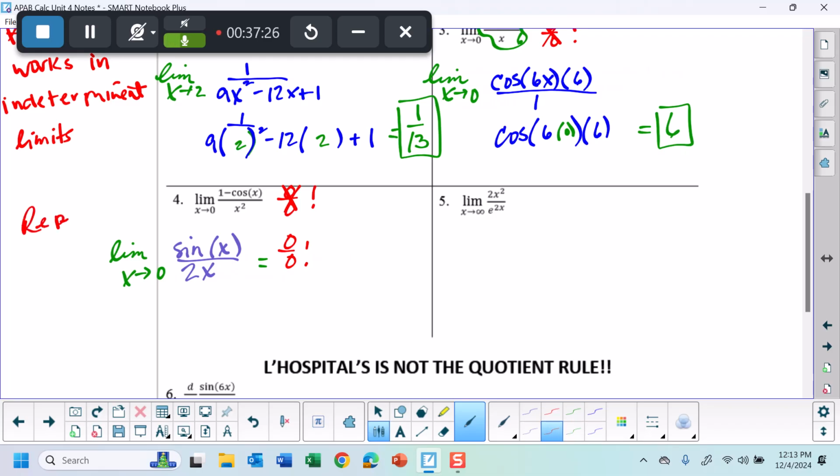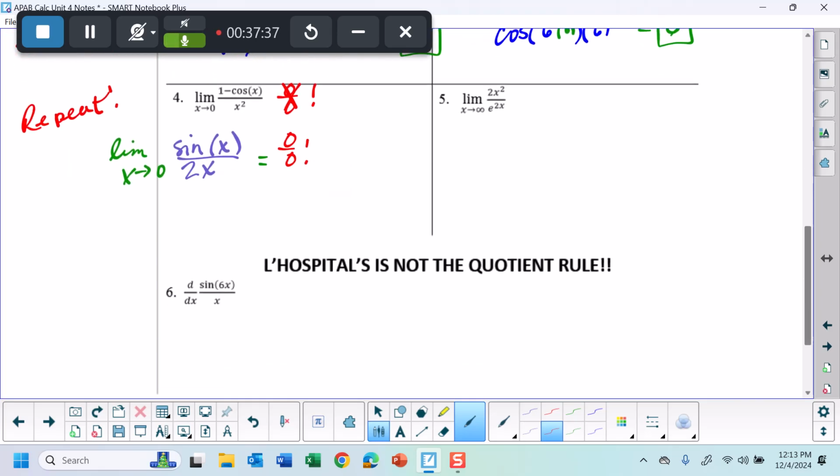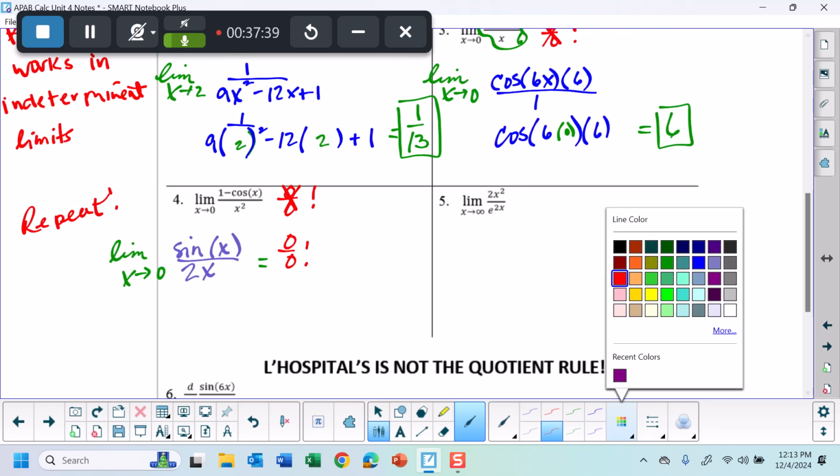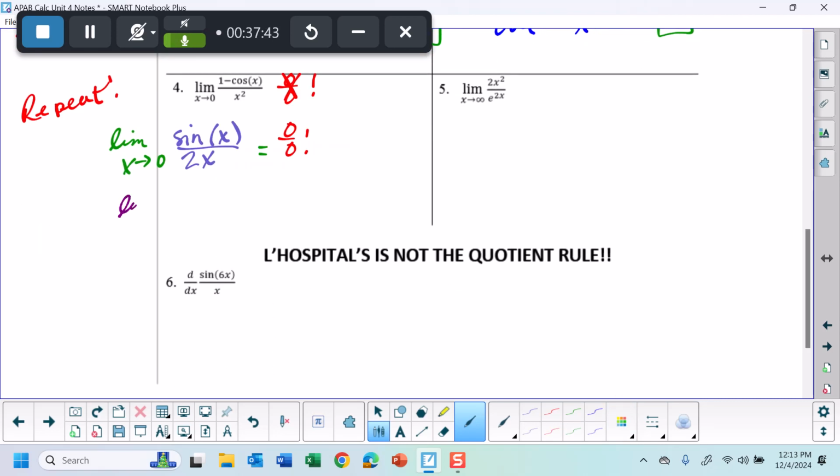If you end up getting a 0 over 0 indeterminate form, you can go ahead and take the derivative of my numerator and denominator again. So you can go ahead and say, all right, the limit as x approaches 0, the derivative of the sine of x is the cosine of x.